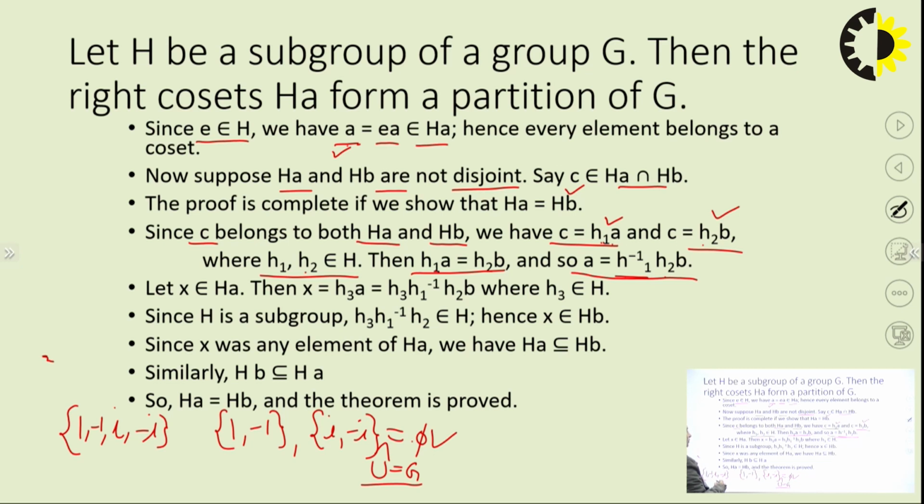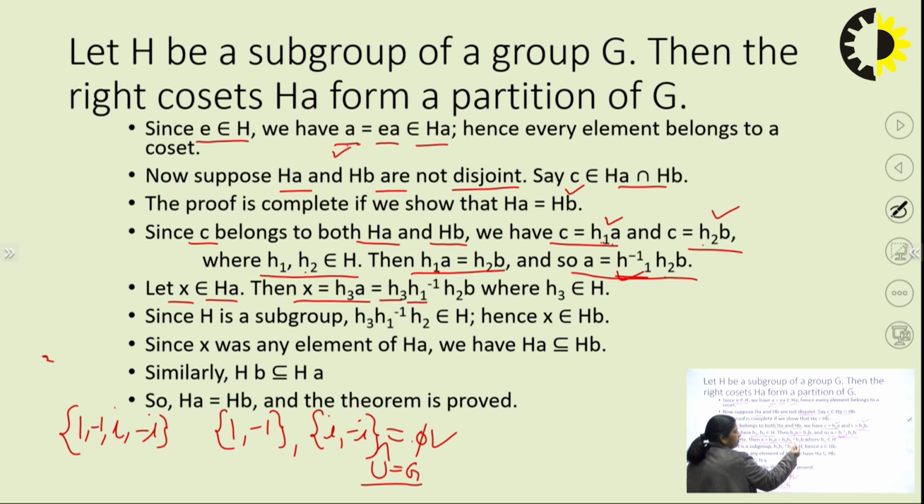Now I need to prove that if there is something in common, then both are the same, because if both are not the same, it is not a contradiction. So I am taking one element X which belongs to HA. As it belongs to HA, I have taken X is equal to H3A. The A value I am putting from here. So what will I get? H3 into that A value. What is the A value?